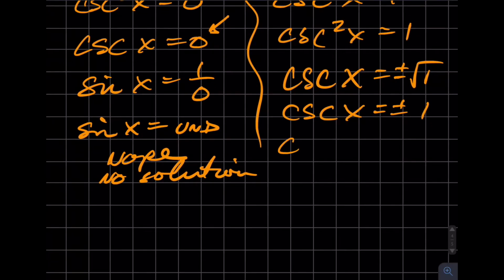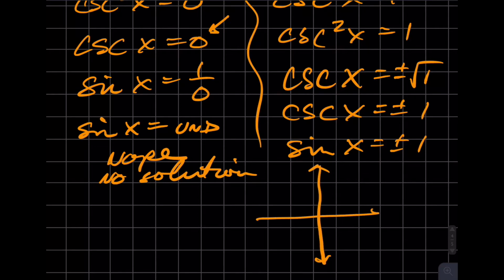And so I'm going to take the inverse, which is sine x equals minus plus 1, which is the same as plus or minus 1. And so I'm going to figure out when is sine 1 and when is sine negative 1.